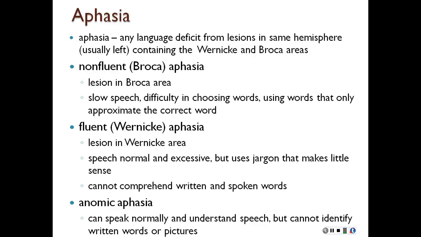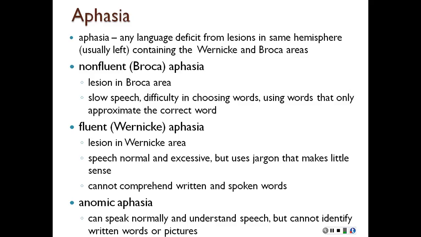So those who have a lesion to their Broca's area, which is fairly common with some people who have strokes, have slow speech, difficulty choosing words, and use words that only approximate the correct word. They can only say a few words, so the actual number of words spoken is reduced.